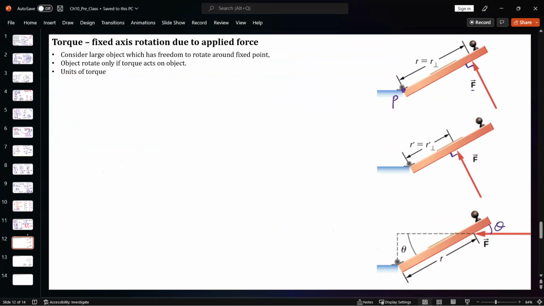So the rotational force, which is torque, is equal to the cross product of R and F. What does that mean? It means magnitude R, magnitude F, sine of the angle between them, and unit vector n. That unit vector n tells us the rotational vector direction, the third vector direction.